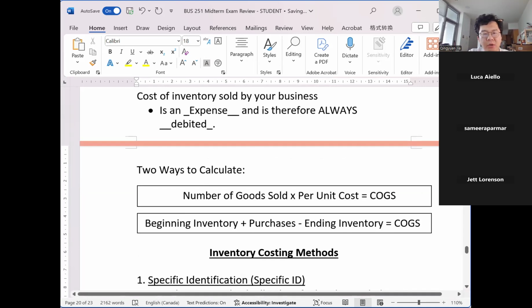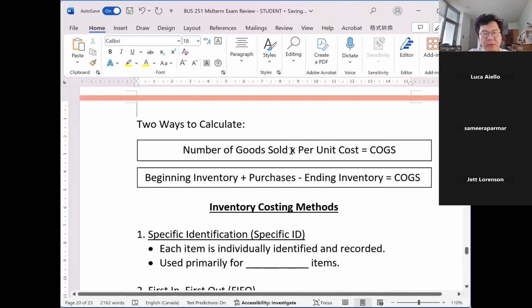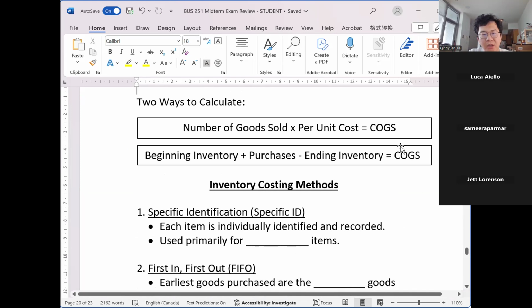So two ways to calculate. First is the number of goods sold times the cost per unit, and we have the COGS. Or, in another way, we can use the beginning inventory plus the purchases, subtract the ending inventory, and we get the COGS. The first one is widely used in the perpetual inventory method, and the second one is used in the periodic inventory system.